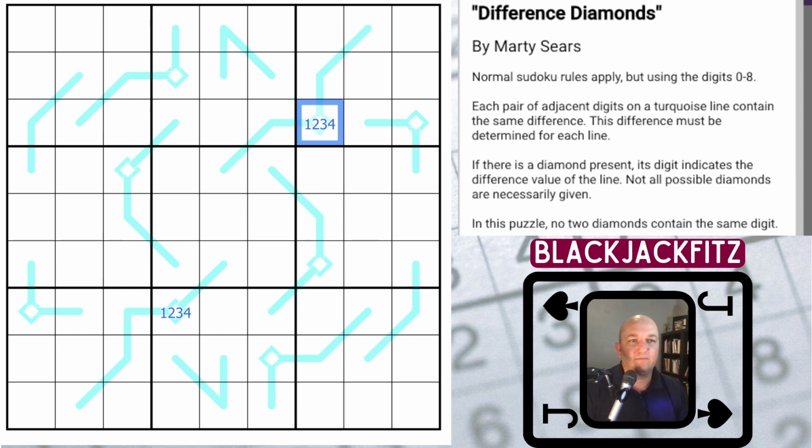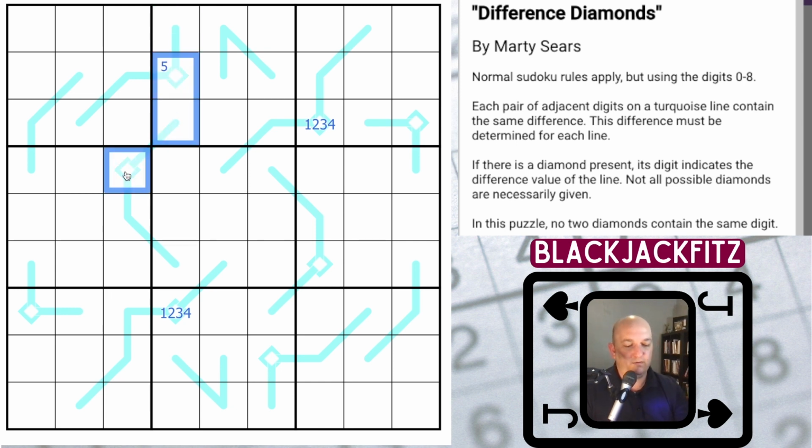Okay, so let's see. Row 2, column 4, and row 4, column 3 can't coexist as high diamonds because of this. These would both be zeros. So if that's a 5 and that's a, sorry, that was a terrible way of doing this, a 6. I don't know why I'm in corner marks. If that's a 5 and that's a 6, then this has to be 0 and this has to be 0, and that breaks.